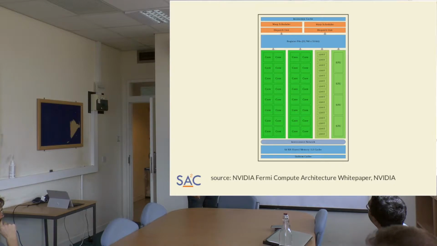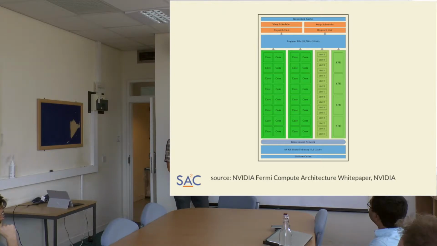And then you have compute cores. This is from Fermi, so you just have one kind of compute core, but on the Volta you have 64 single precision cores and 32 double precision cores. So they operate on the same amount of memory at a time, but the double precision cores are half the number.